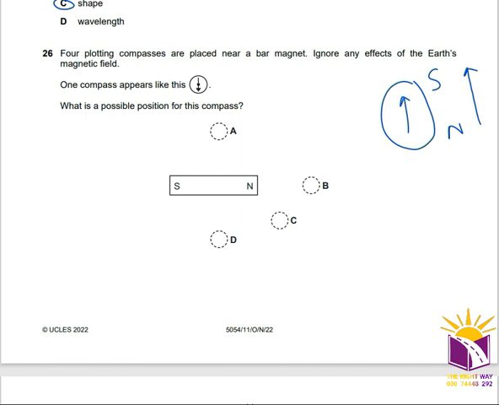So in A, the direction is like this, north to south. For B, it is a straight line moving away from the north. In C, it will be downward, north to south. So C is the right option as asked in the question. And in D, it will be like A, from north to south.